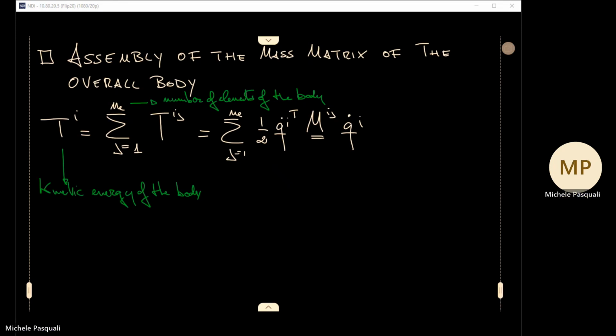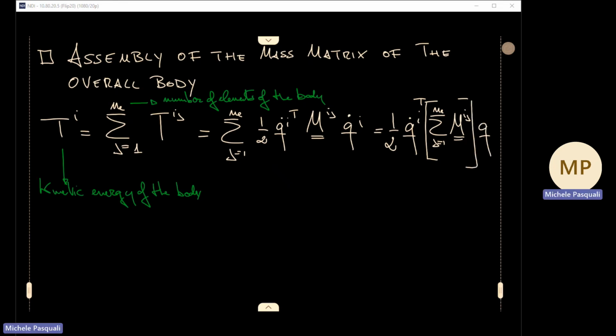Because now we can group the sum sign only to M and put this and this outside of the sum, right? So we can say 1 over 2 q dot i transposed applied over the sum from j going from 1 to NE of M ij applied over q dot i.